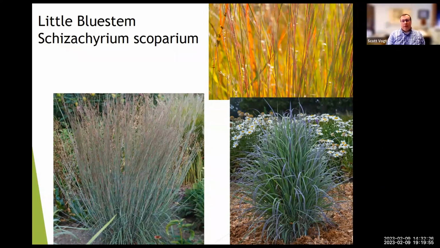Taller forms of little blue stem, such as Blue Heaven, in really rich organic soil, will have a tendency to flop. So if you have them next to a sidewalk or next to a walkway, they'll kind of flop into that walkway. So use shorter forms if you have really rich organic soil.